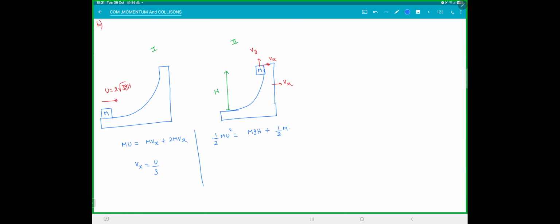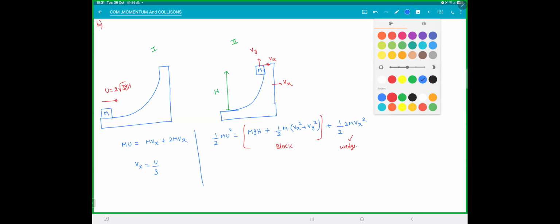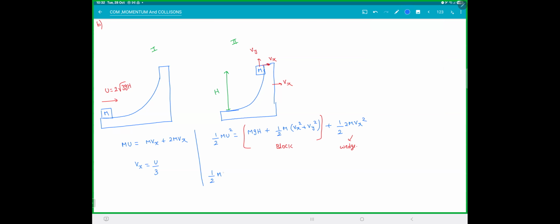plus half m. The block will have two velocities now, Vx square plus Vy square, plus half 2m Vx square, the wedge's velocity. So this whole term is the block's energy, potential plus kinetic. This is your wedge. Substitute the values. U will be 2 root 3gh, that will be 4, 3, 12.